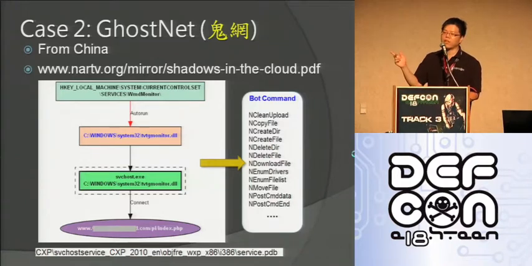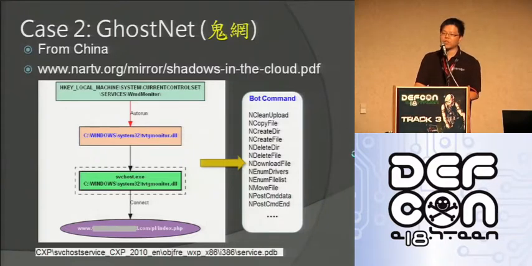Notice that this GhostNet has nothing to do with the GhostRat malware. And then the string at the bottom is how we found out its original project name on that malware author's computer. It's called CXP.